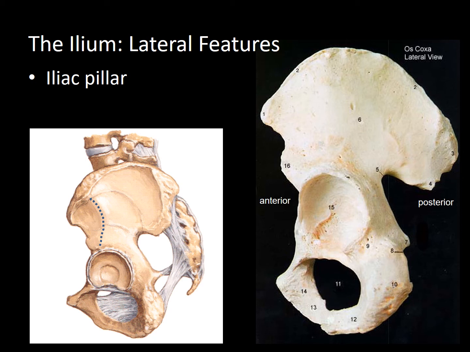And that iliac pillar leads up to what's called the iliac tubercle, which on this drawing is this feature here. Again, that's kind of exaggerated in the drawing, and I would say that in this picture over here, it doesn't come down quite so inferiorly. So up here, it's kind of more up. I think this over here is the pillar, which up here is going to be some tubercle features.